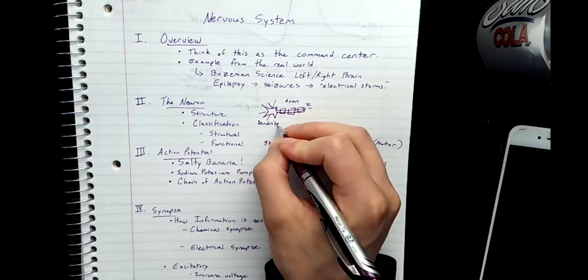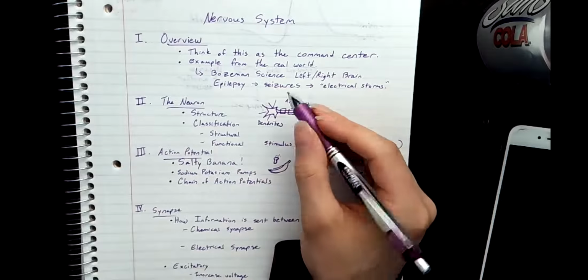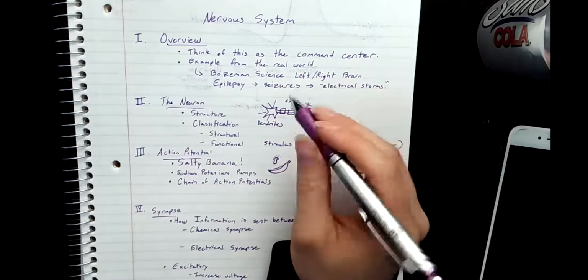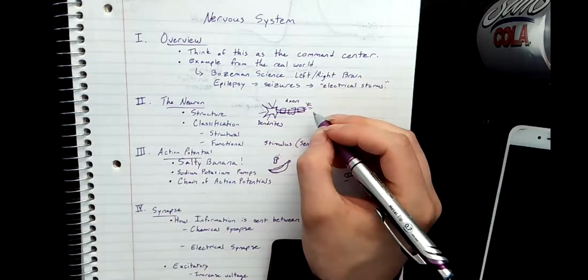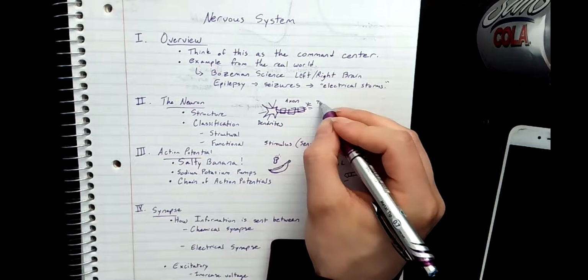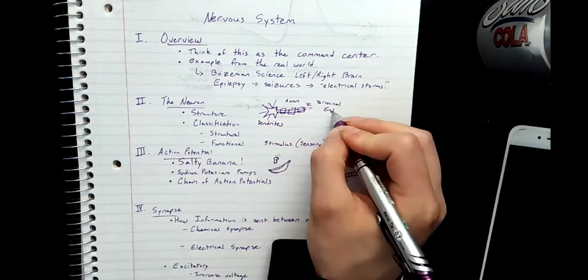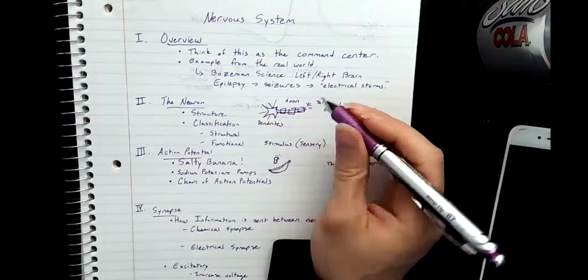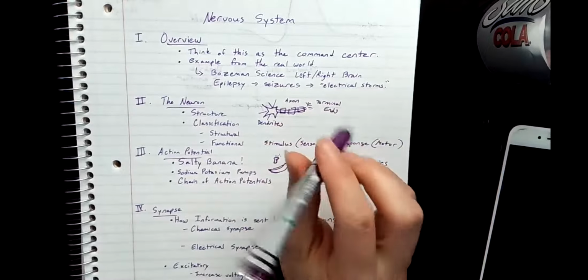Information comes in via the dendrites, travels along the axon from action potential to action potential. And then we have the terminal ends, and this is where that information is transferred to another neuron.